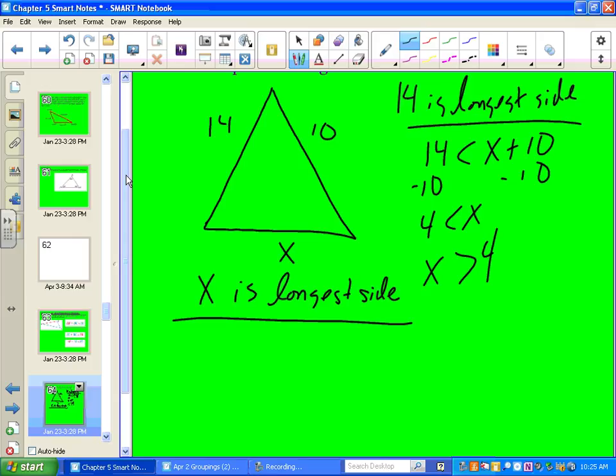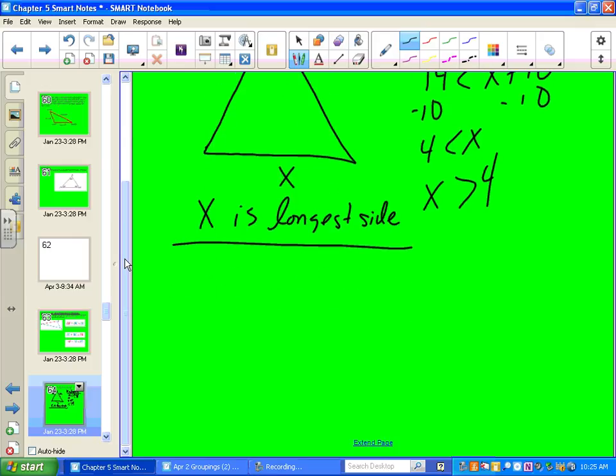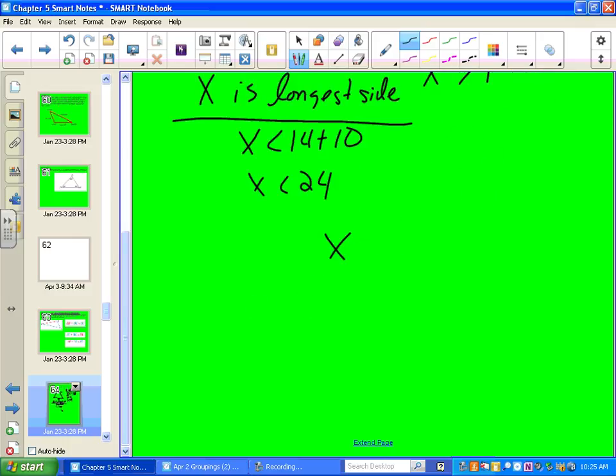These two sides added together have to be greater than x, if x is the longest side. So x is less than 24. So x is greater than 4 and less than 24.